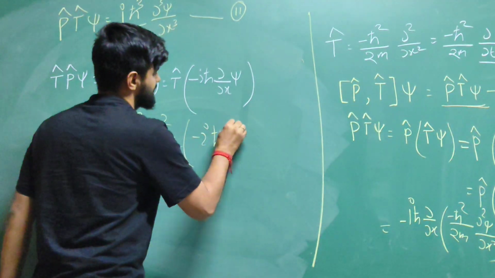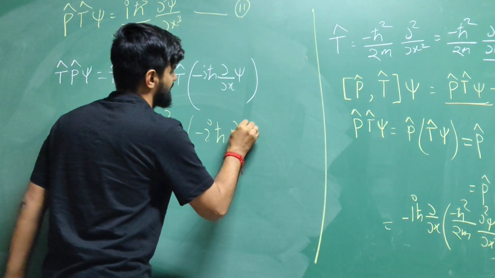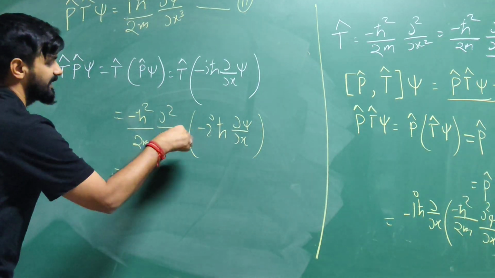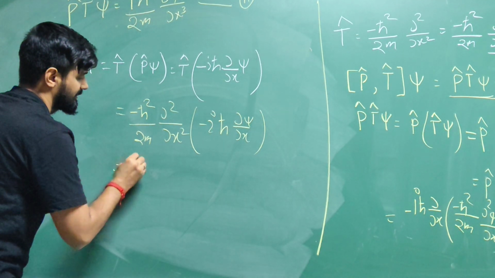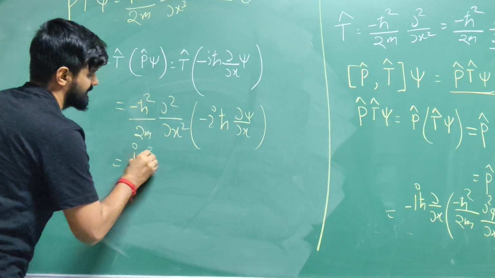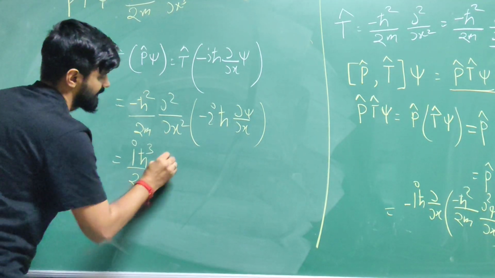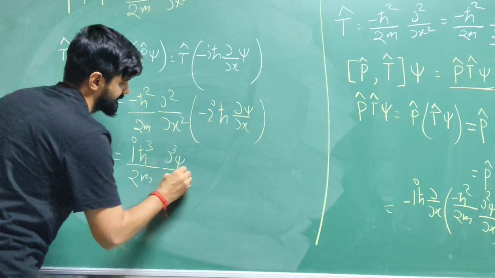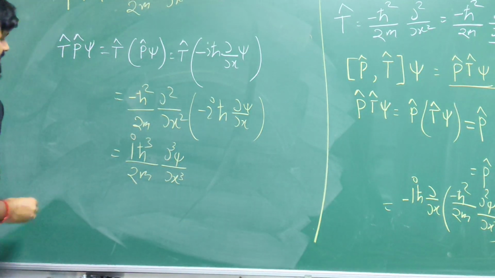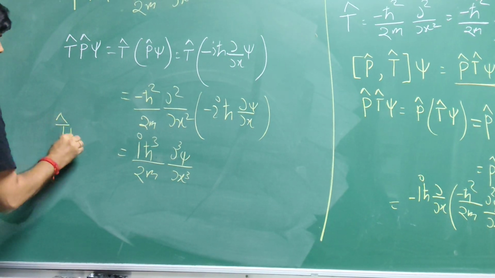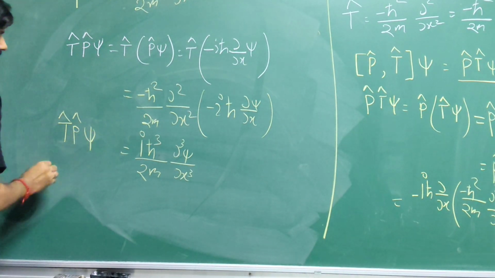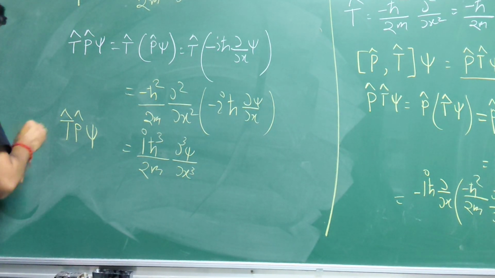If you operate these things, then you will be getting i h cube divided by 2m and del 3 psi by del x cube. So the value of T cap P cap psi, you are getting this one.